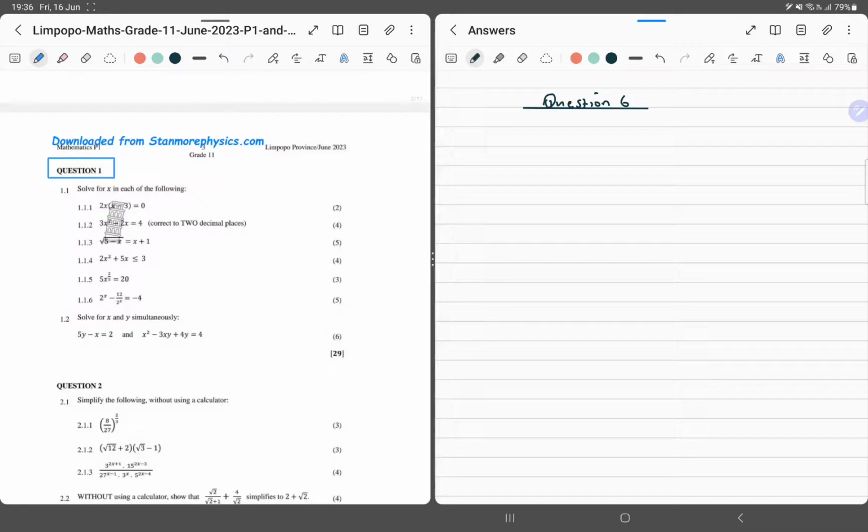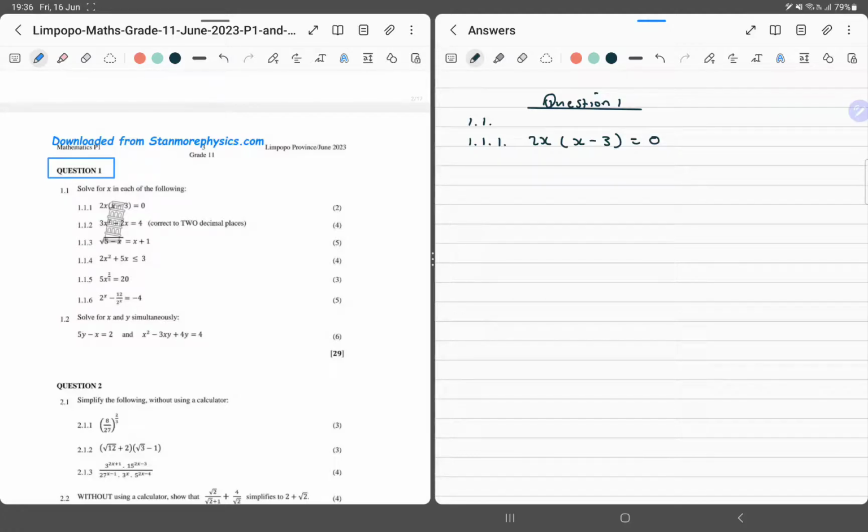So question 6, 1.1. Why did I write question 6 now? Here one. So this is 1.1. See, the brain sometimes can do stupid things. So please watch yourself. So we're given 2x into x minus 3 is equal to 0.